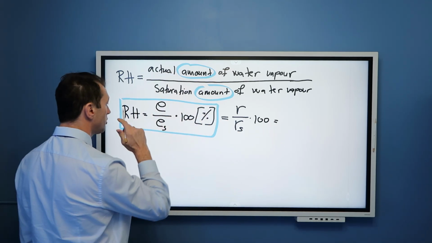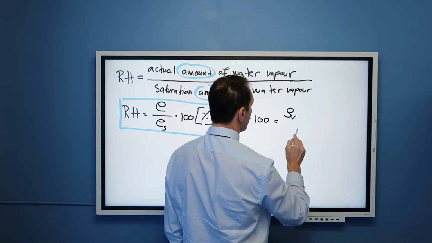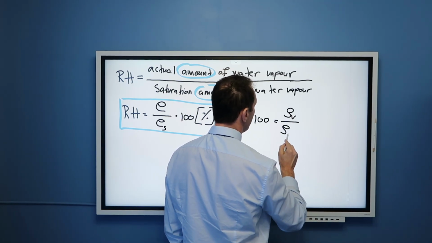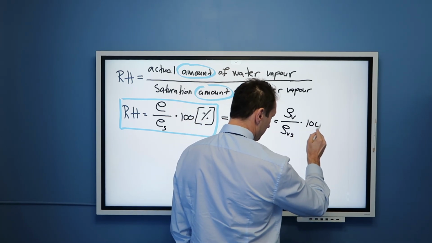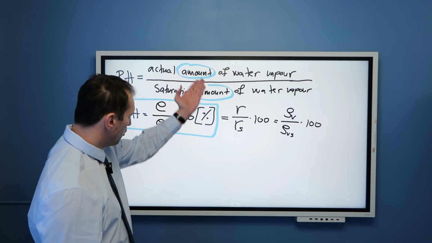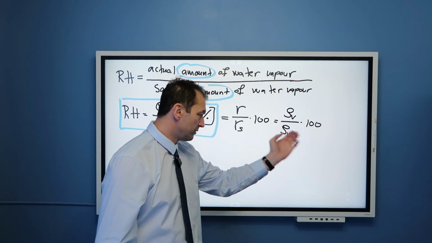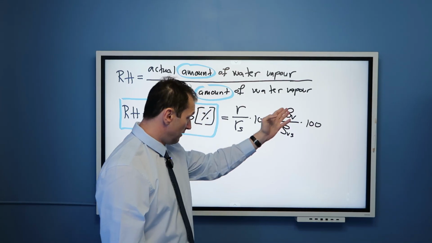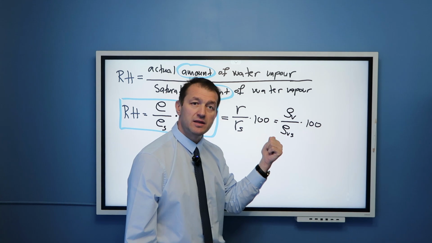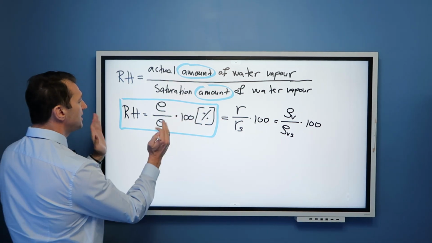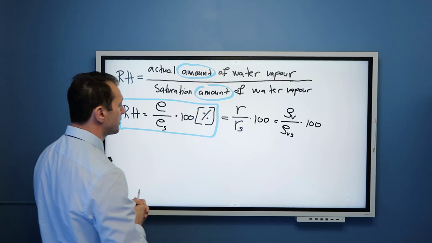Or you can also describe relative humidity as the ratio between the density of water vapor in the atmosphere divided by the density of water vapor at saturation times 100. So this amount can be in terms of pressures, mixing ratios, or water vapor density. It can also be in terms of the specific humidity, q, and so on. But indeed, we most often use this form of the equation where we use vapor pressures.